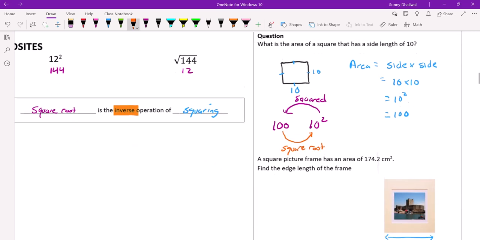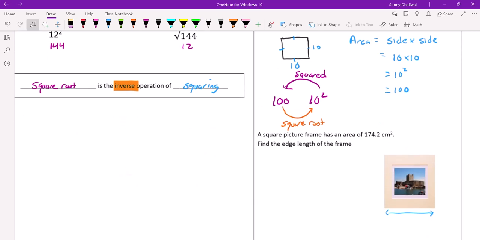So here, if we're given the area of 174.2, how do we figure out how big the side is? Take the square root. Use your calculator. 13.1.